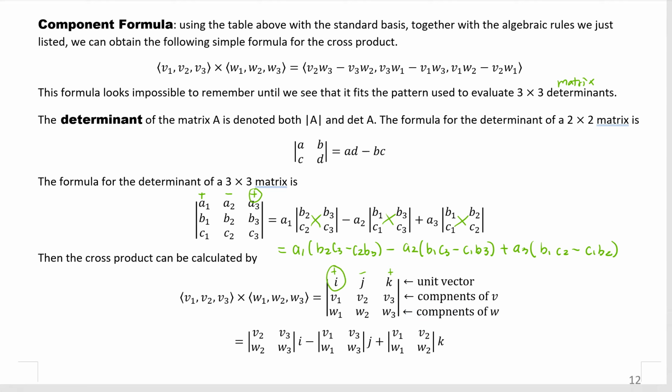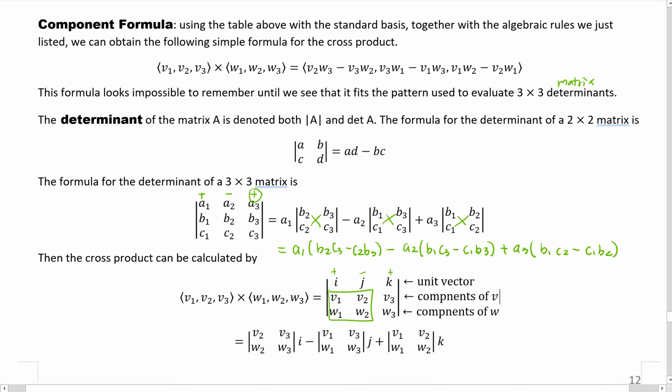So plus i times the determinant of the submatrix V2, W2, V3, W3, and then minus j times the determinant of V1, W1, V3, W3, and then plus k times the determinant of the submatrix V1, W1, V2, W2.